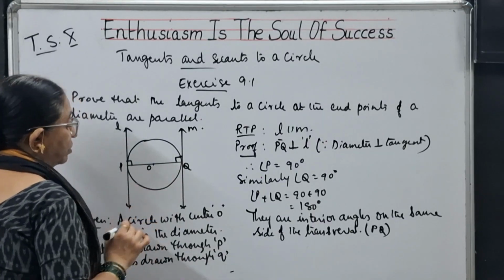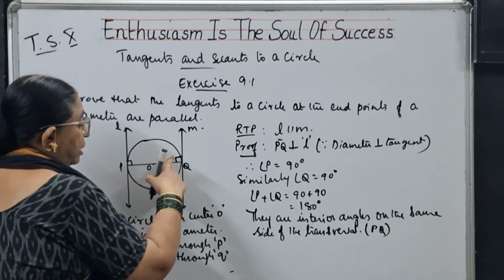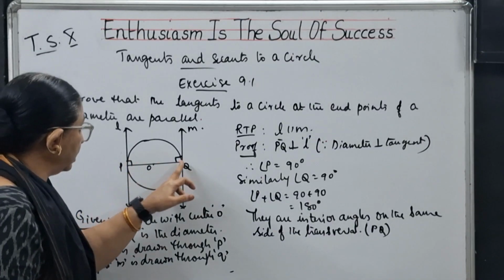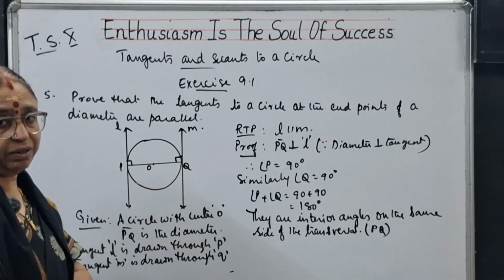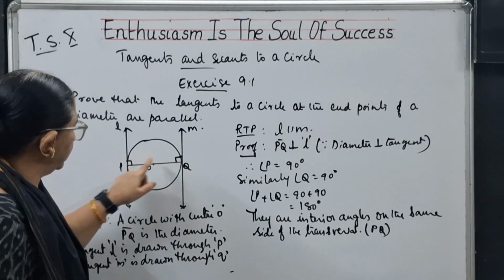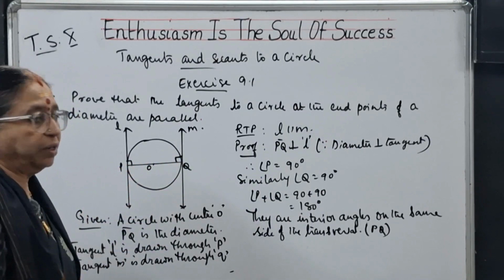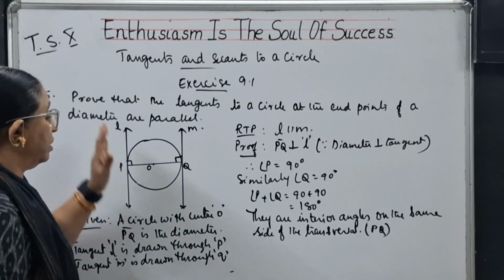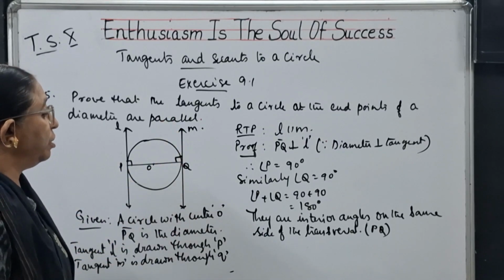And in the transversal, if the interior angles formed by the transversal on the same side, see, both of them are on the same side, either you take this side or this side, if they are supplementary, that means if their sum is 180 degrees, then definitely the two lines are parallel.